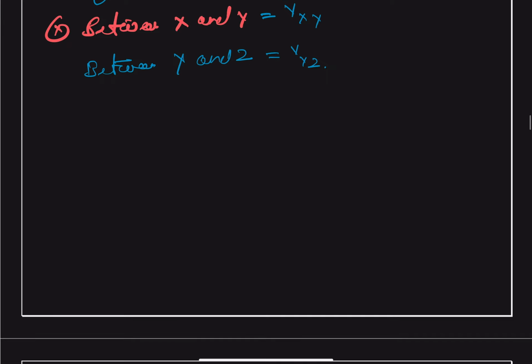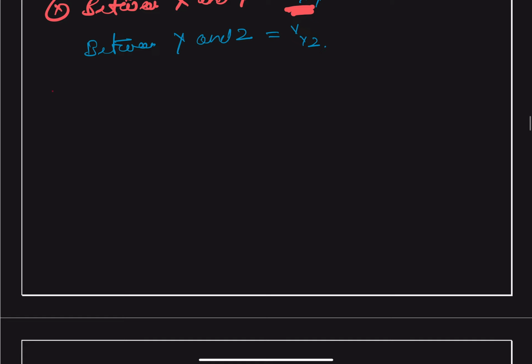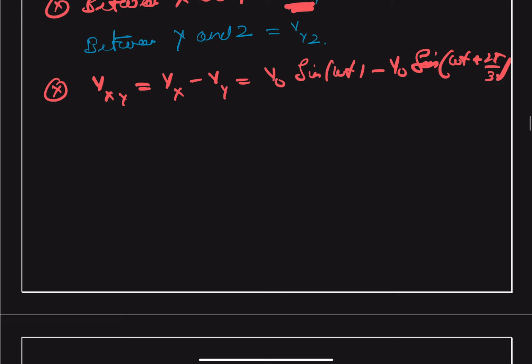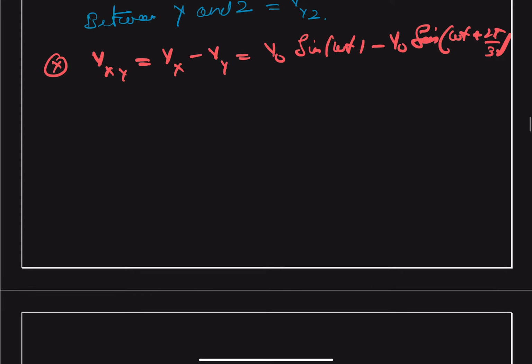So first we are going to calculate our Vxy. Vxy is equal to the voltage at x minus the voltage at y, and we simply substitute the values of Vx and Vy, which are given to us: V0 sin omega t minus V0 sin(omega t plus 2 pi by 3). V0 will be common, and then we can use the trigonometric identity to solve it.